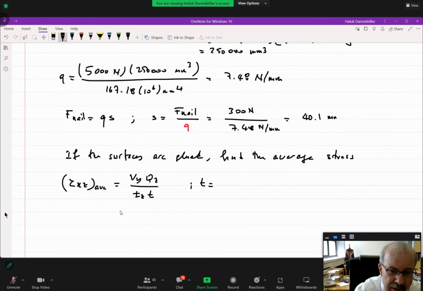So by taking t as 50 millimeters, we can say that the shearing stress here is equal to 149 kilopascals. Look, if we are talking about stress, then we have to have completely connected surfaces. But nails are just transferring the shear from one part to the other through their bodies. Is this clear?